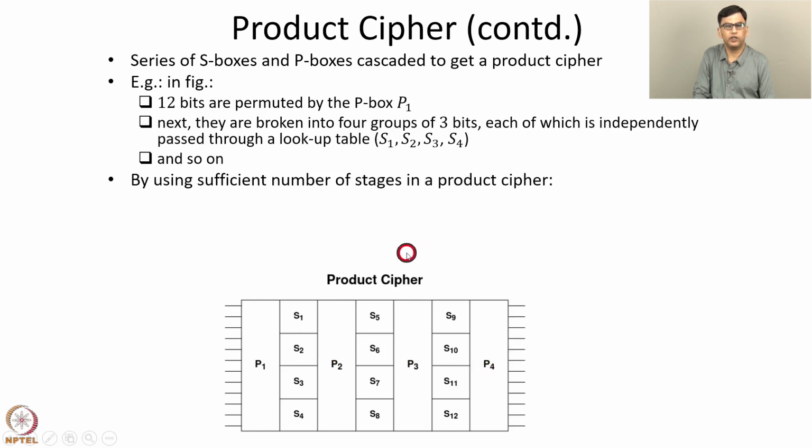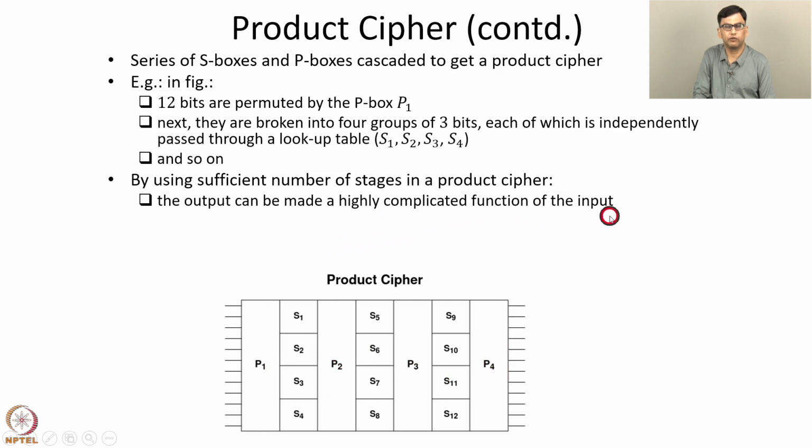By using a sufficient number of stages in a product cipher, the output can be made a highly complicated function of the input. Modern block ciphers use a product cipher. They use such a cascade of P boxes and S boxes to transform the plaintext to the corresponding ciphertext.